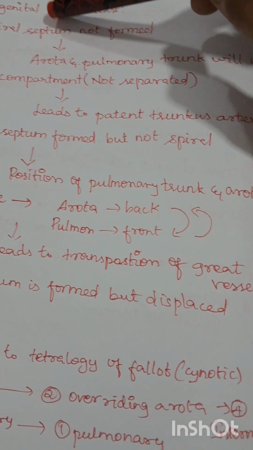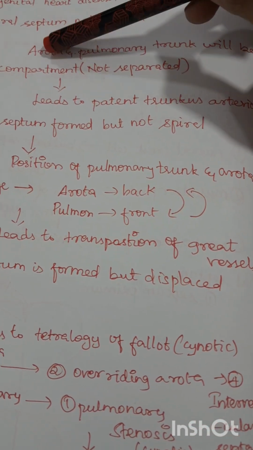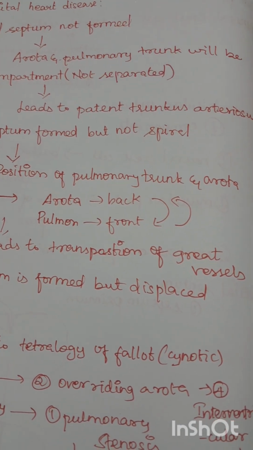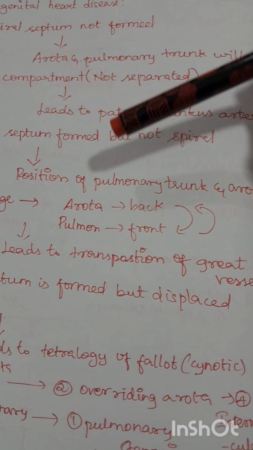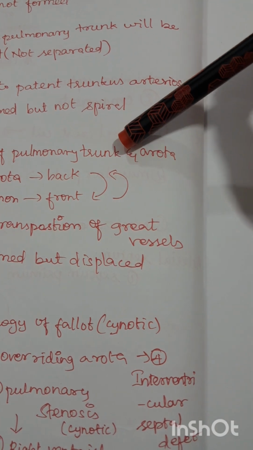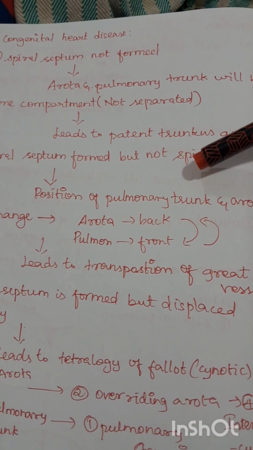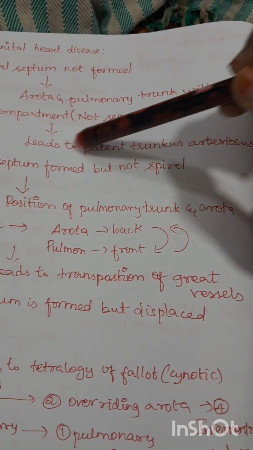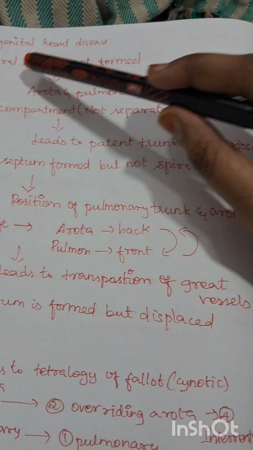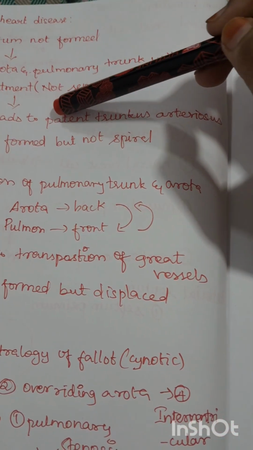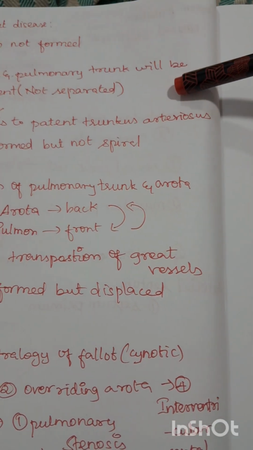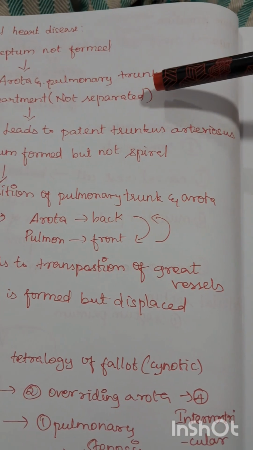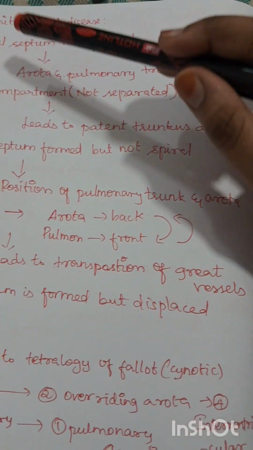When this spiral septum is not formed, the aorta and pulmonary trunk will be in the same compartment and will not be separated. This is the clinical condition called persistent truncus arteriosus. When the spiral septum is not formed, the truncus arteriosus persists and is not divided.